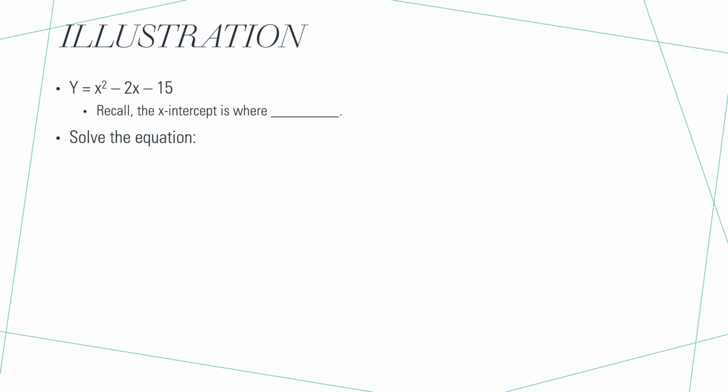So here's an illustration. We have y equals x squared minus 2x minus 15, and recall that the x-intercept is where y is equal to 0. What's the y value of that point? It would have to be 0.